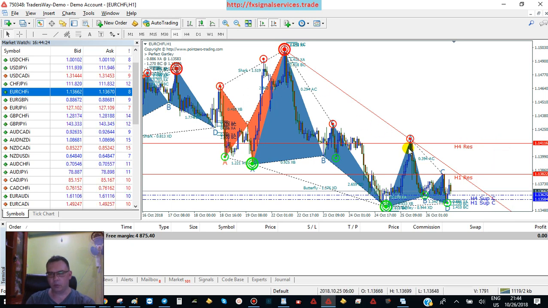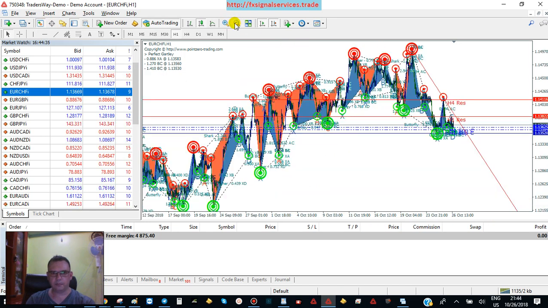And this is what we call a wedge pattern, because if you look here, if I draw a horizontal line here, this blue line is kind of your bottom support line. If I zoom out a little bit, we see this blue line here, kind of an area of support here, a little bit higher, but you see this whole area here, and the blue dotted lines here is a strong area of support.